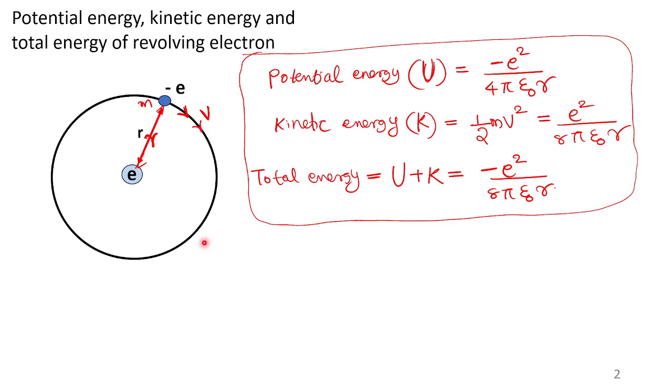So the total energy of this revolving electron will be potential energy plus kinetic energy. Proof I don't want to explain. Adding these two, you will get minus E square by 8 pi epsilon 0 r. Okay, clear?